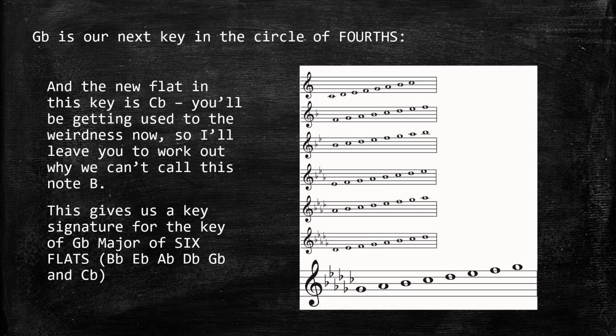You'll be getting used to the weirdness now, so I'll leave you to work out why we can't call this note B. This gives us a key signature for the key of G flat major of 6 flats: B flat, E flat, A flat, D flat, G flat and C flat.